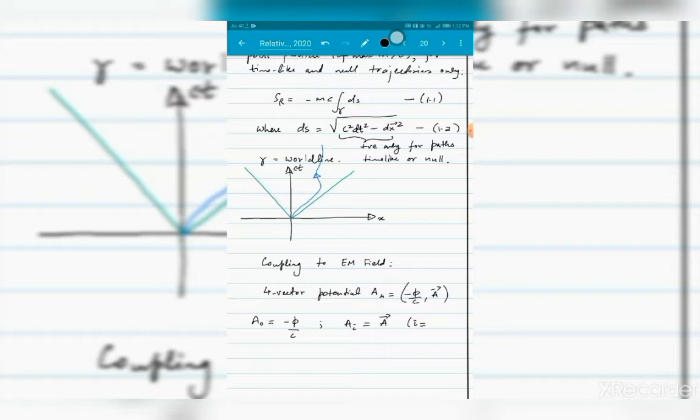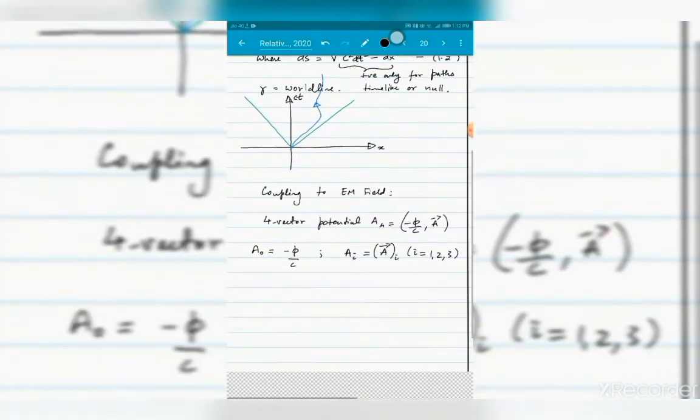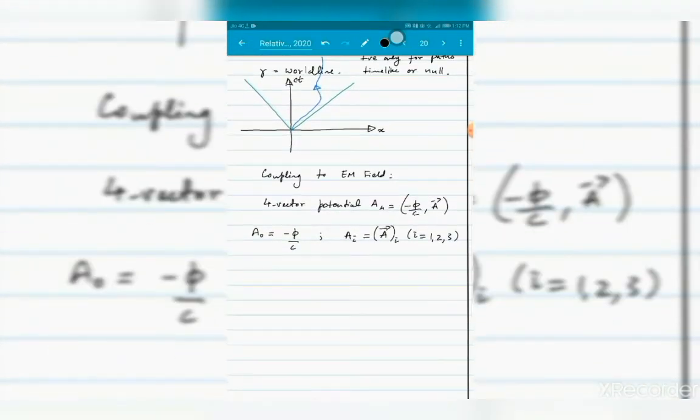So the index i runs from 1 to 3, and A is our usual vector potential.